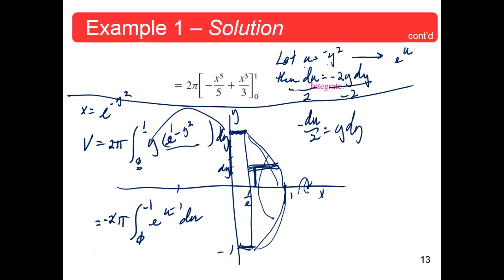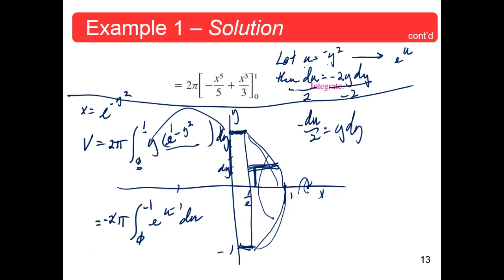I like to go from, say, negative 1 to 0. But if you change your limits on the integral, what do you do? Negate, right? If you're doing the area from here to there, that's a negative area.